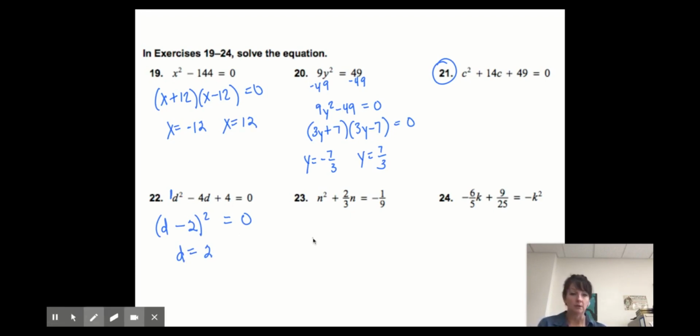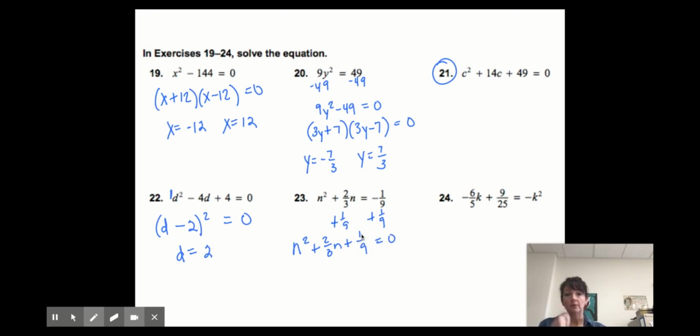Notice that we haven't really had to worry about the middle terms in any of these special products. So let's look at this one. We want to rearrange it. So we will add 1/9 to both sides. So n squared plus 2/3 n plus 1/9 would be equal to 0.